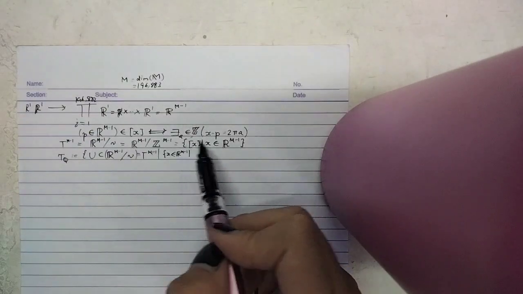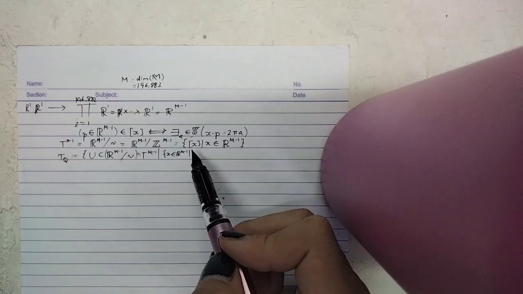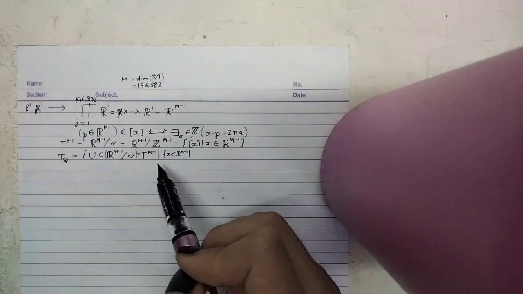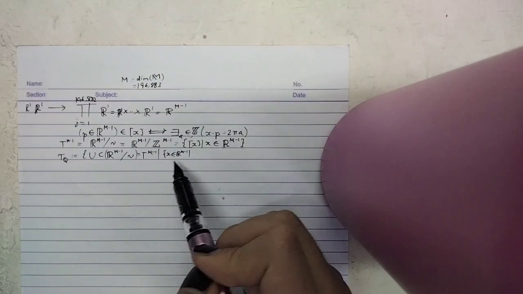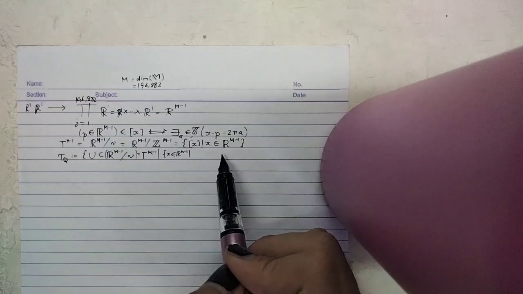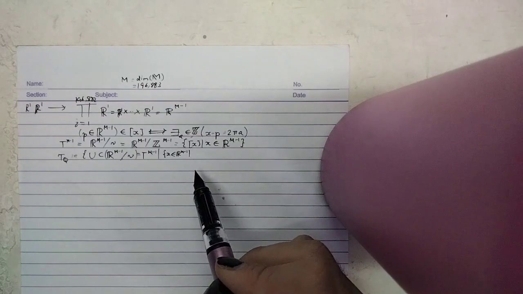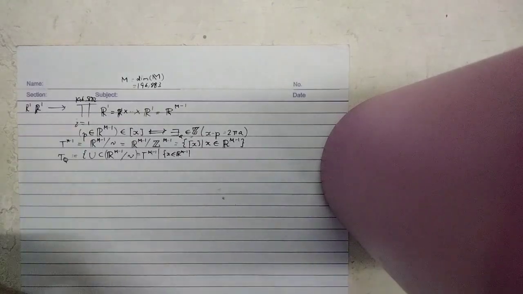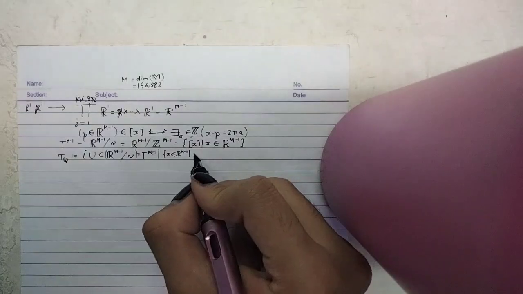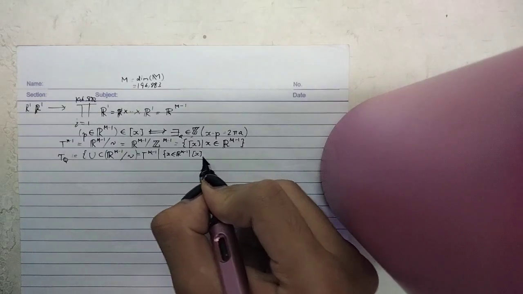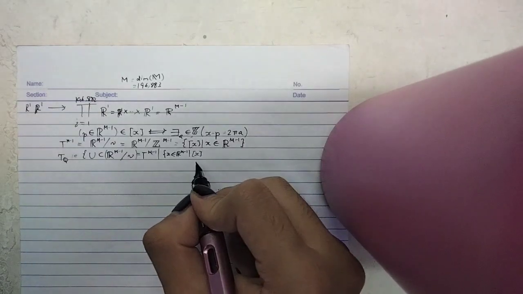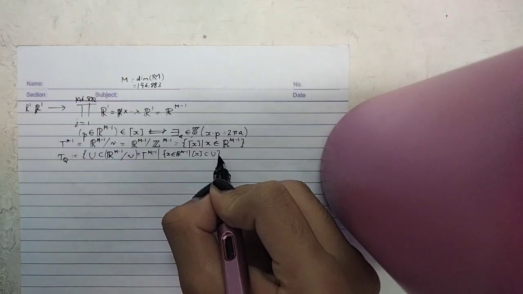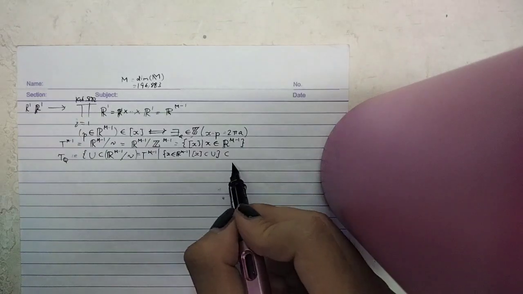The equivalence class of x is essentially a new point in T^(M-1). And we're saying this: every x inside our original space R^(M-1), and their identified points, or their new point in T^(M-1), is contained inside this open set.